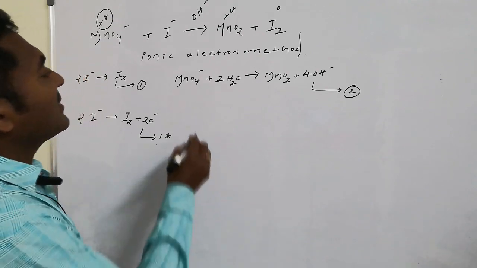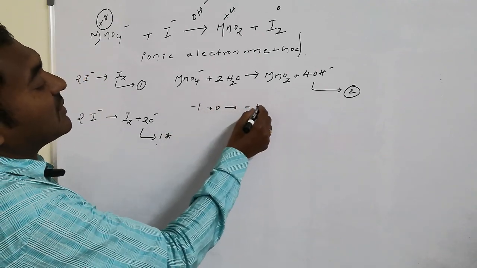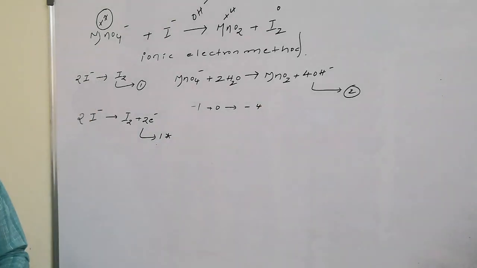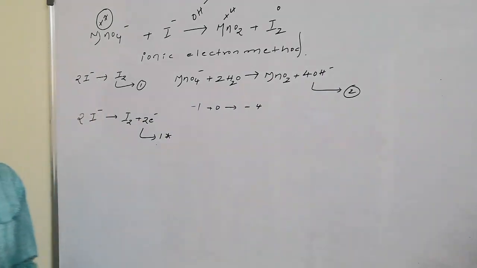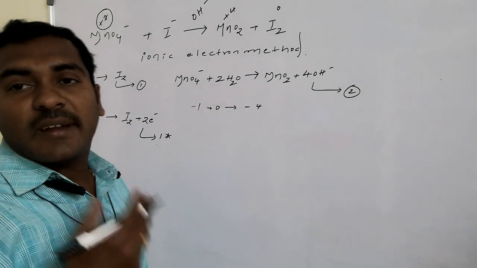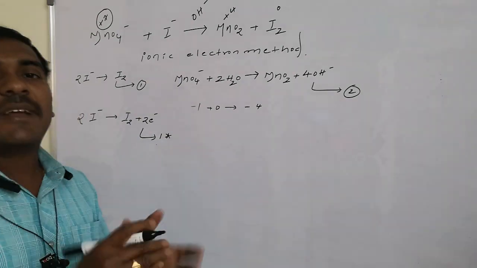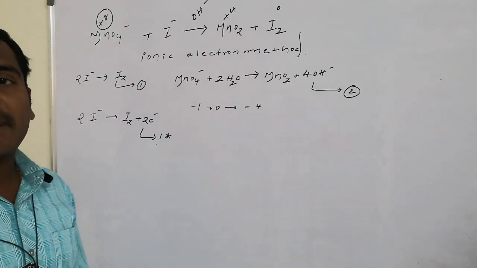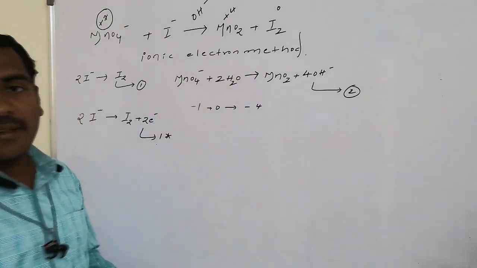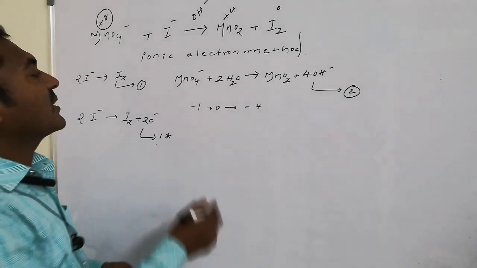Similarly, 1 minus plus 0 is converted to minus 4. 1 minus is converted to minus 4, which is possible if it gains 3 electrons, because the minus symbol is the electron charge. A 1 electron system is converted to a 4 electron system by gaining 3 units of negative charge.